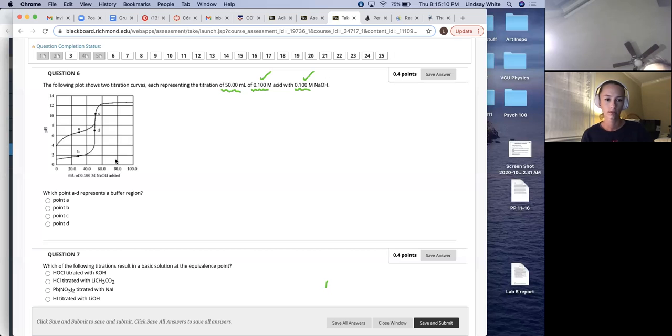So the buffer region would be like A. Would it be like A or B, or is it one or the other? Because they look very similar. I think it would be A. Okay.